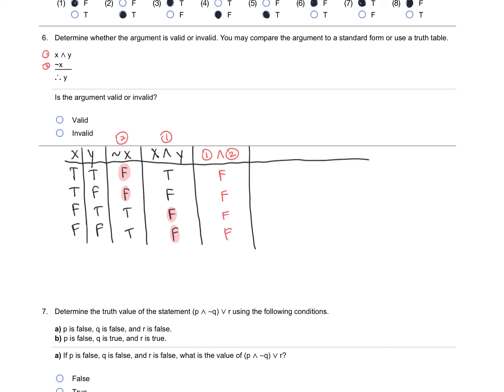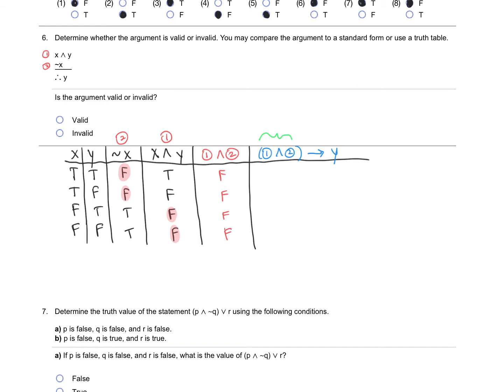Okay, last step is to show that the conjunction, premise 1 and premise 2, implies the conclusion, which in this case is Y. Remember that if you're trying to do one of these if-then statements, if the first piece, this part, is false, then it's always true.